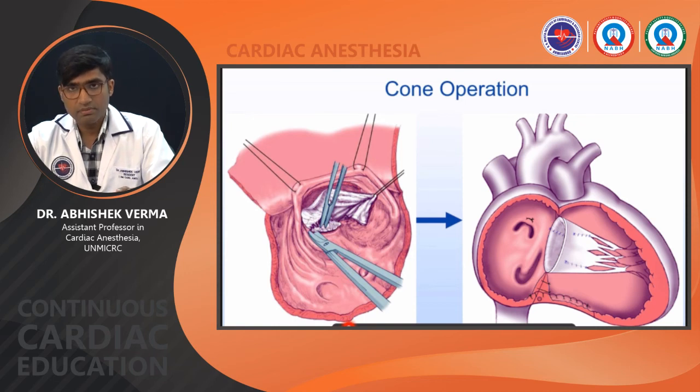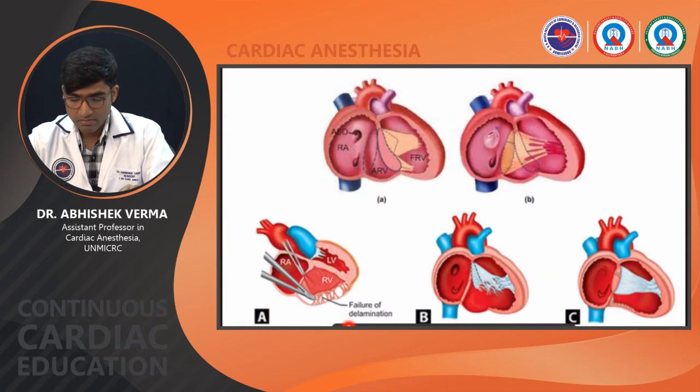Lastly, we see some pictures of the cone repair, how beautifully it is seen. We mobilize all the leaflets and attach them to the true annulus, and later it takes a cone-like shape with plication of the RV. The next diagram shows it better. This is the atrialized RV. Here is the true annulus, and here is the functional annulus, and this is the functional RV.